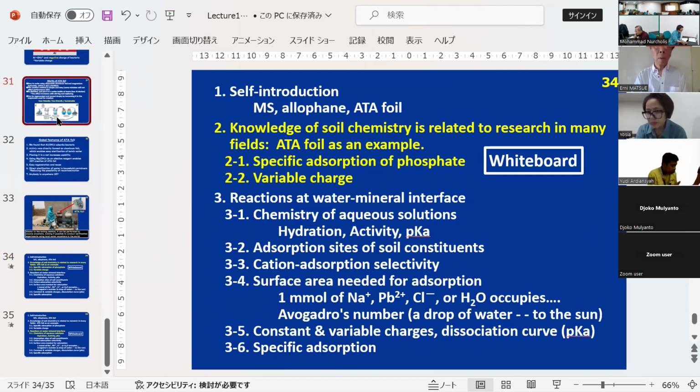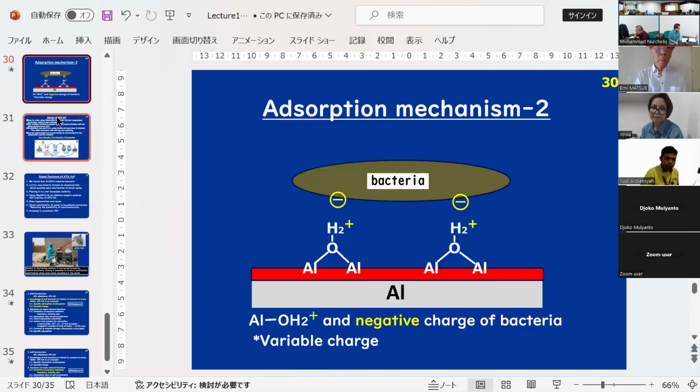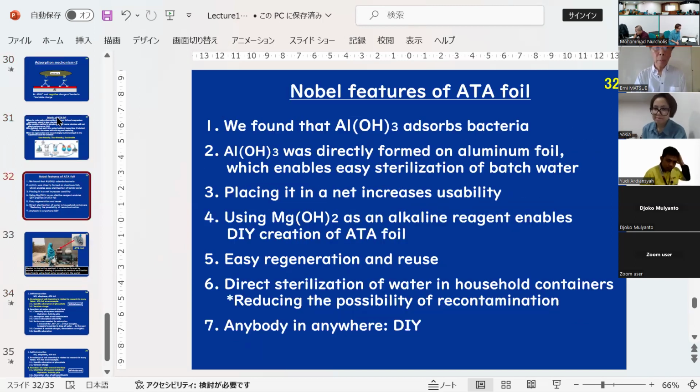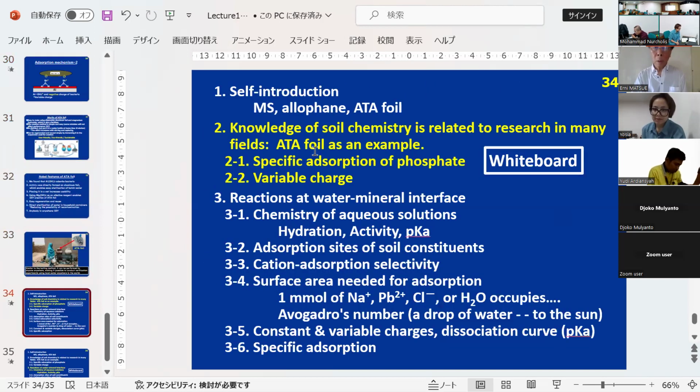Okay, thank you very much for your very nice science. So, the application of soil science to environmental science and environmental technology.